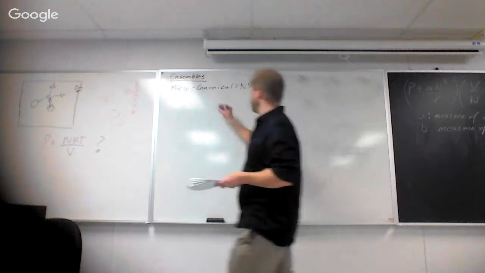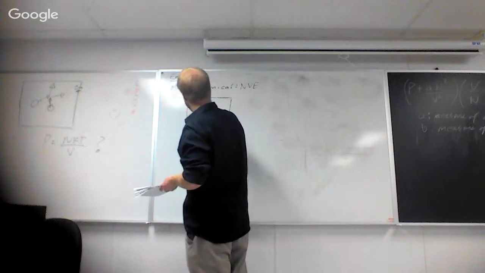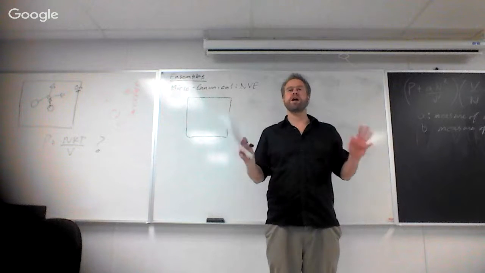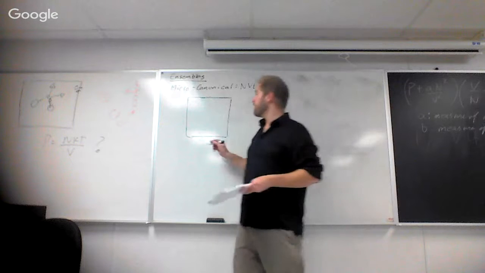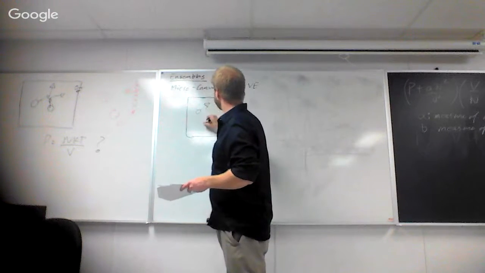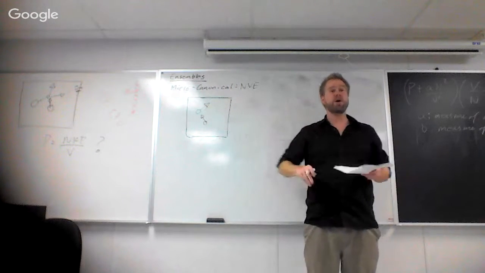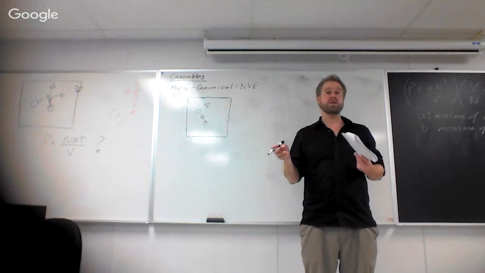So if we take a box alone, on its own, in the universe, somewhere out in space, like those poor guys from Superman 2 trapped in that weird mirror thing, they're all alone out in space, and we have a bunch of balls bouncing around in there. The balls can be interacting with themselves inside of the box in some manner or another, but nothing is interacting with this box.